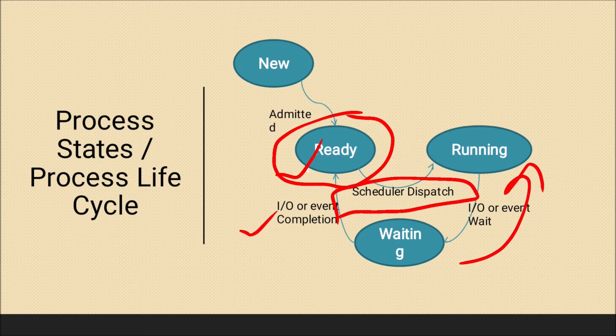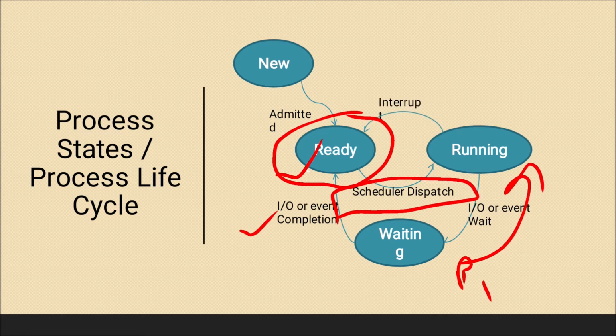This is because whenever a process, for example P1, goes into the waiting state, the CPU selects another process P2 for execution. So it may happen that at that time process P2 is executing, and process P1 goes from the waiting state to the ready state.